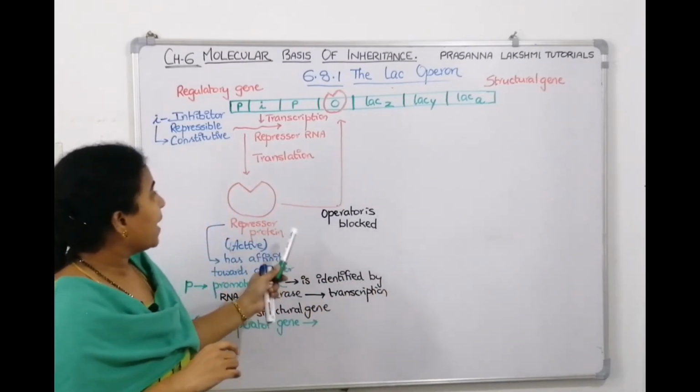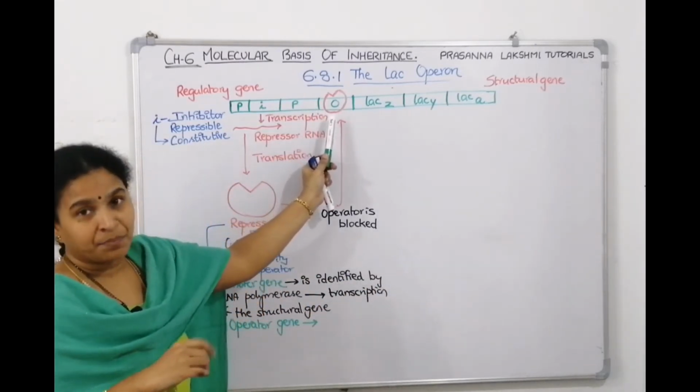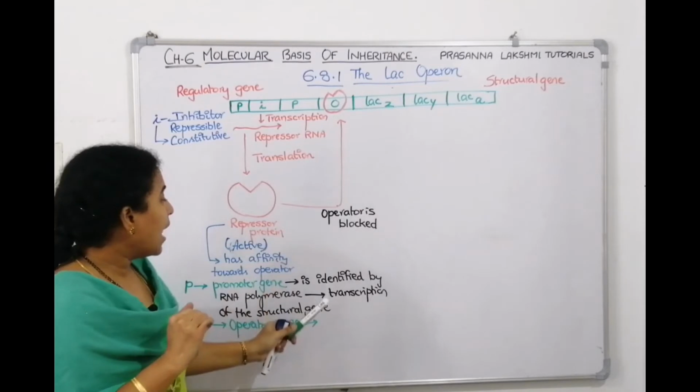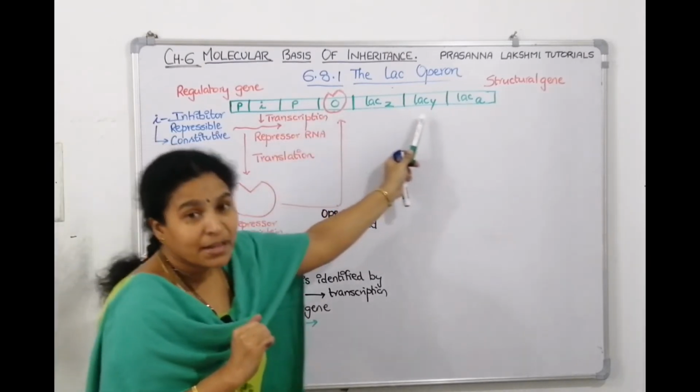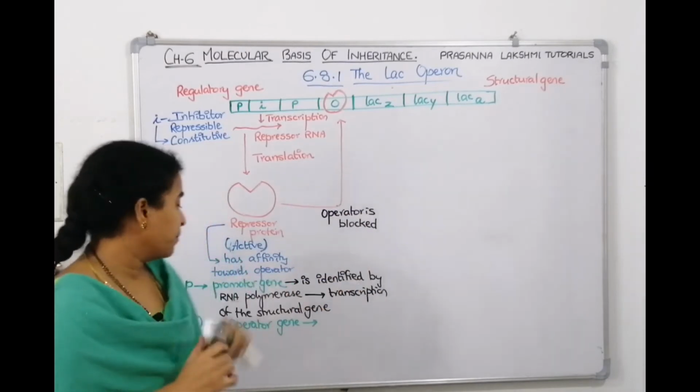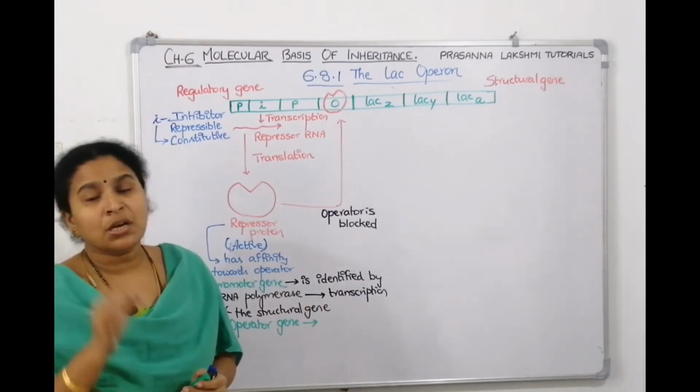Now, in this case, the operator is blocked. When the operator is blocked, the RNA polymerase cannot bind, cannot move, cannot read, cannot do the transcription. So what is the role of the operator gene?